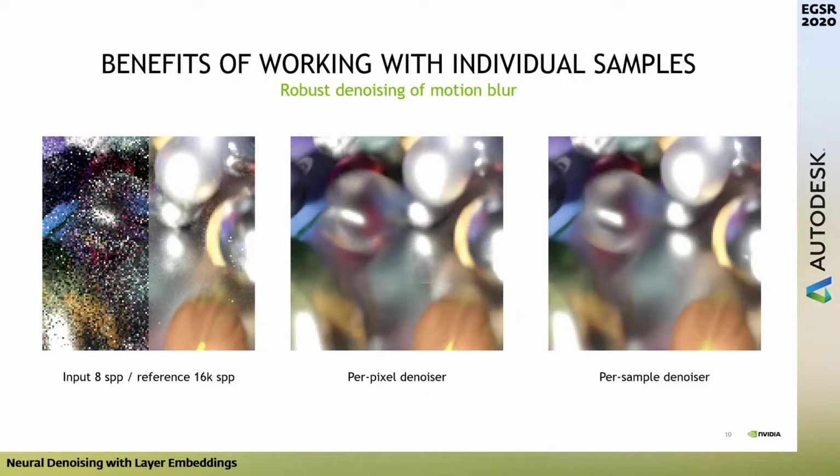Here's the third case where you have lots of specular surfaces, motion blur, and again, a large amount of outlier samples. Again, for the per pixel denoiser, we see that there's ringing around the outlier samples and some blotchiness, while the per sample denoiser reconstructs a smoother looking result.